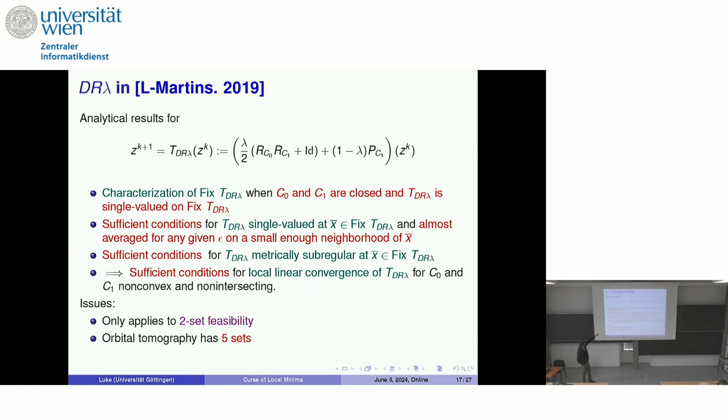We've given sufficient conditions for what I call almost averagedness on neighborhoods of the fixed points. This is a generalization of firm non-expansiveness, but with a slight violation. That's one of the regularities we need. And then sufficient conditions for metric subregularity, which is stability of the fixed point mapping at its fixed points.